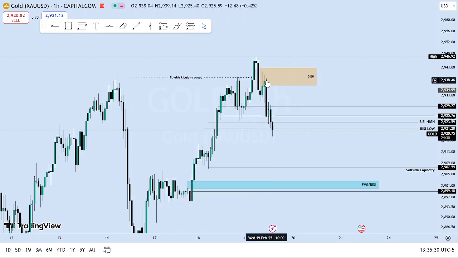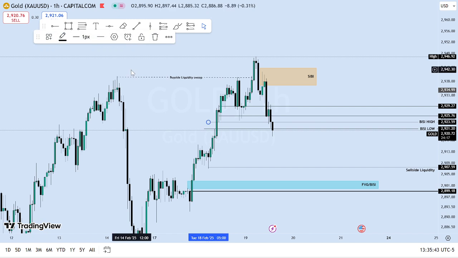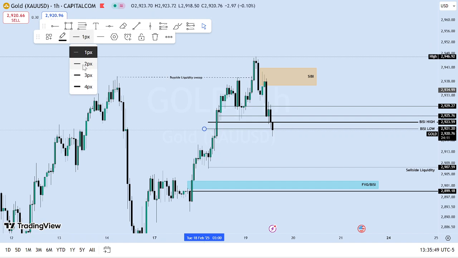Delivers inside, opens at 9:30, then you look for the next draw on liquidity, and we have an inefficiency here. These are inefficiencies. You can see there. That is BC high and BC low.